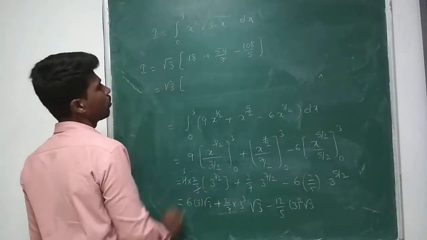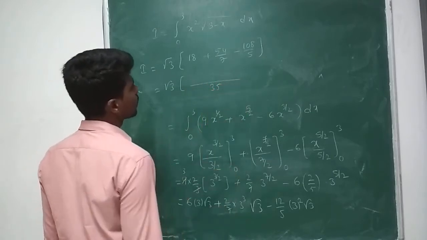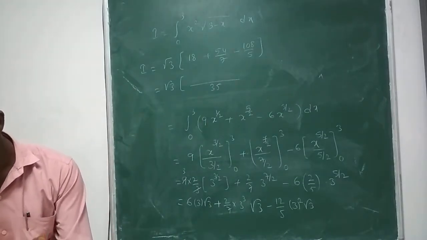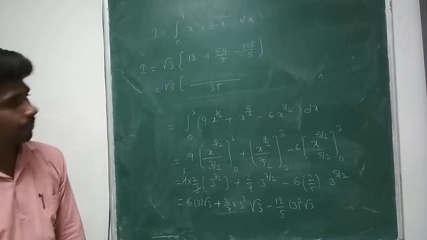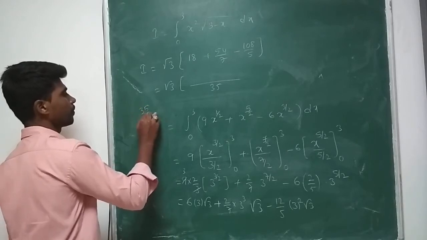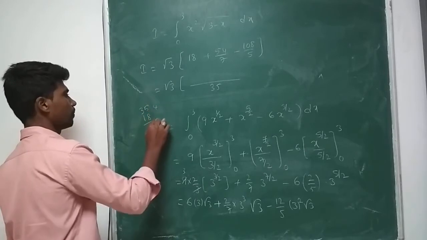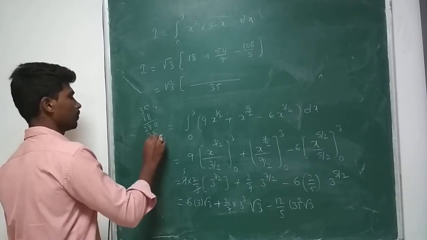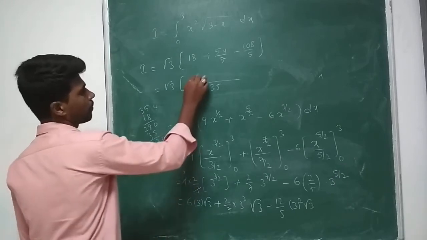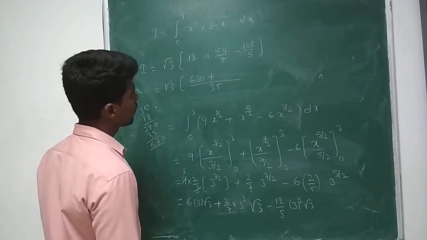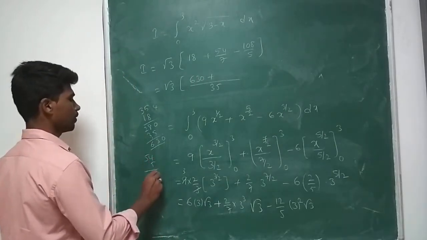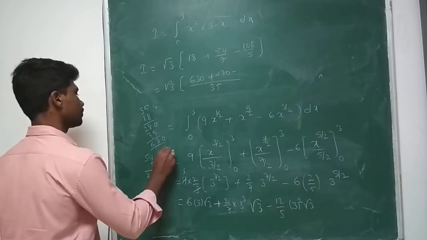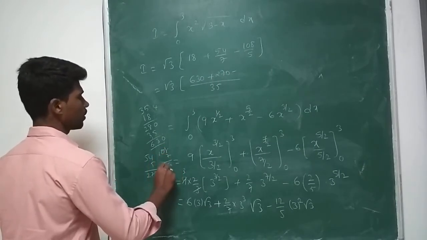So I get root 3 into, with LCM 35: 35 into 18, which is 630, plus 54 into 5, which is 270, minus 108 into 7, which is 756.